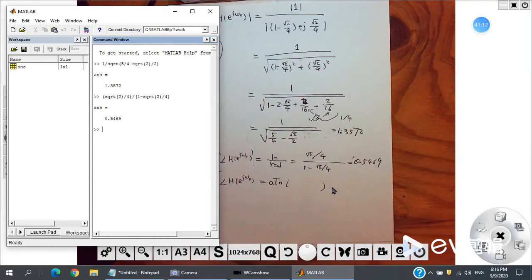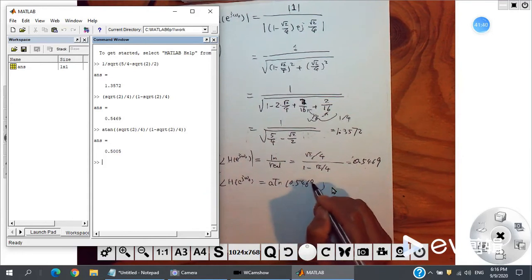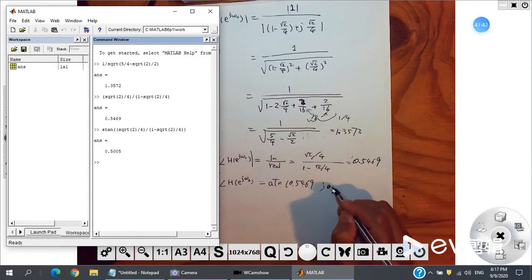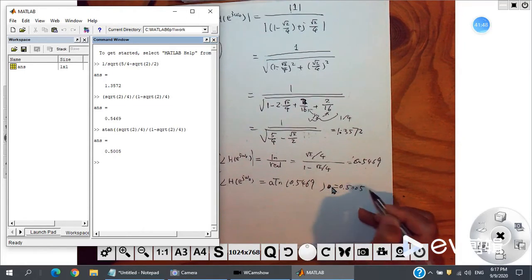So the angle is the arctangent of 0.5469, which gives 0.5005. This will be in radians, the angle in radians.